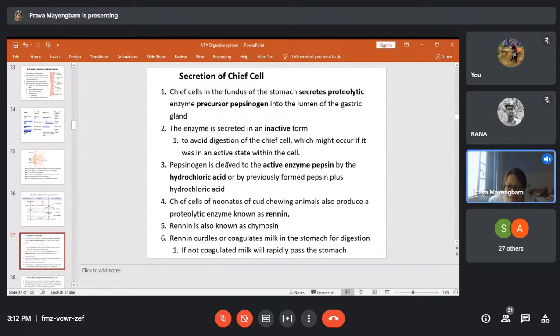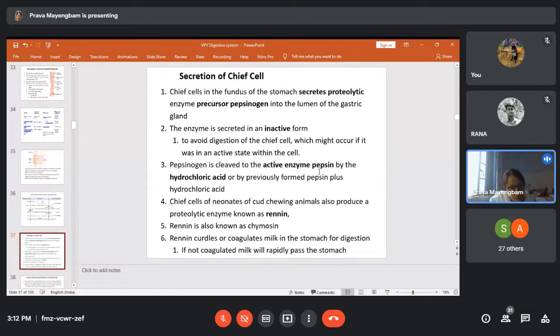Pepsinogen is then cleaved to the active enzyme pepsin. That means pepsinogen is bigger in size, and some portion of it will be cleaved, cut or clipped, and the remaining portion becomes the active enzyme, pepsin.